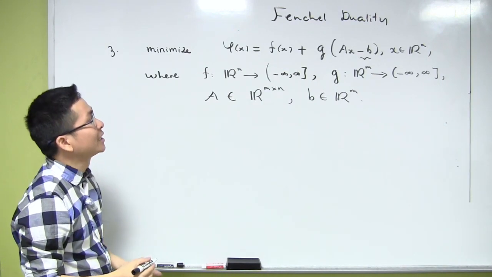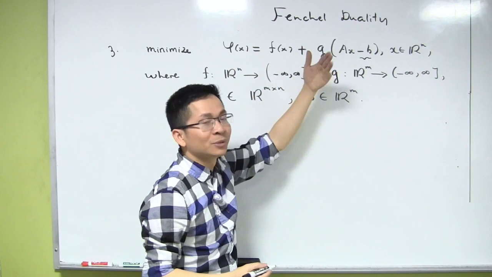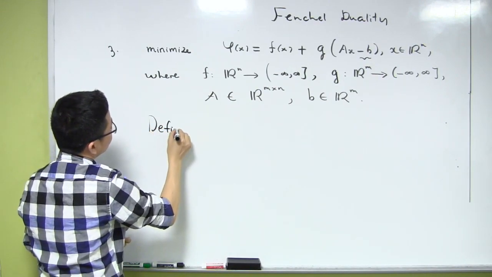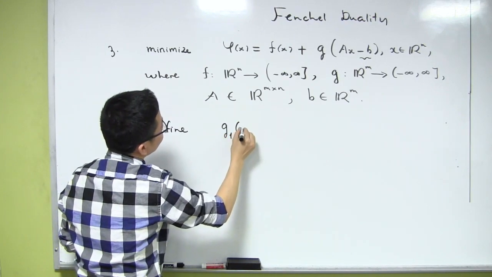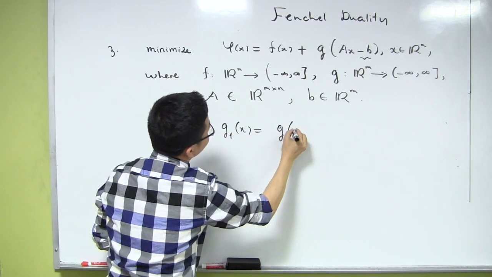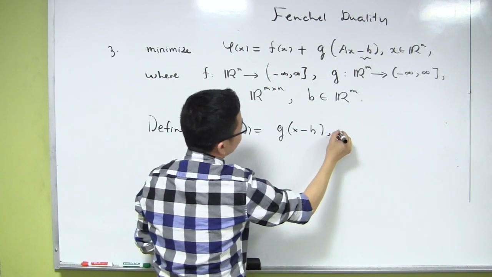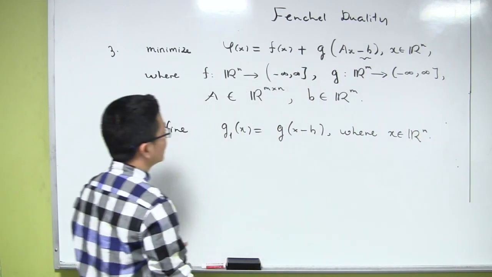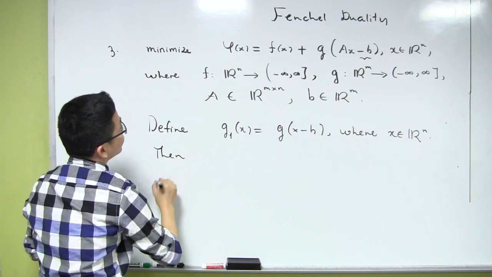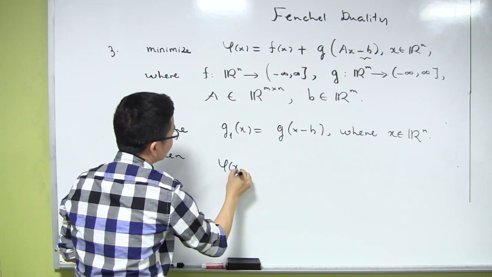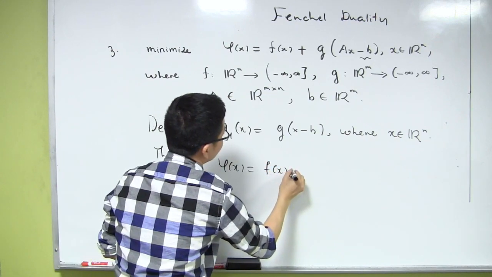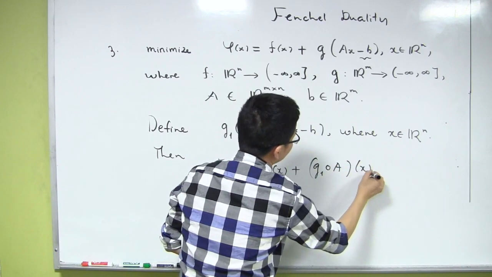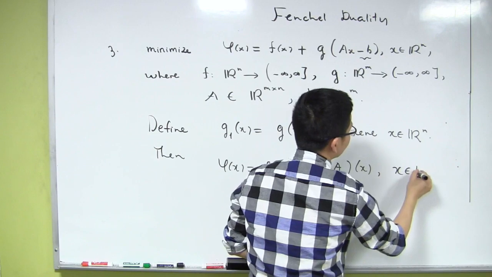We can use a very simple way to convert this problem to the original one. We define a new function in this way: g1 of y is just g of y minus b, where y runs in R^m. Then we can see that phi of x is the sum of f of x and the composition of g1 and A, and this is true for all x in R^n.